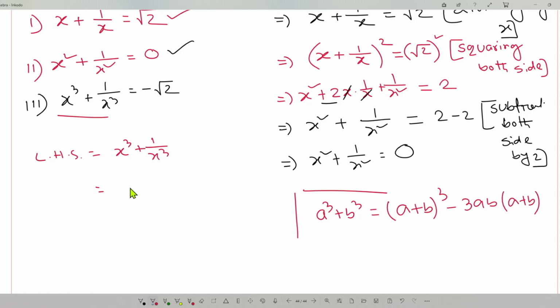Similarly, this one we can write as x plus 1 by x whole cube minus 3 times x times 1 by x times x plus 1 by x.